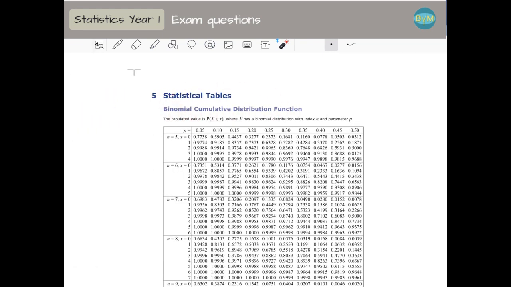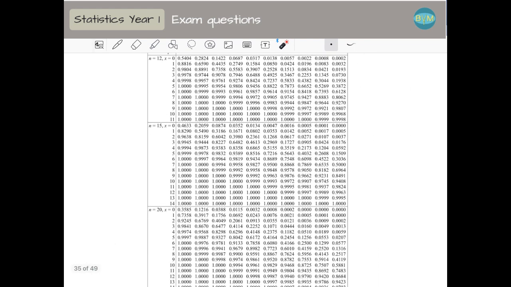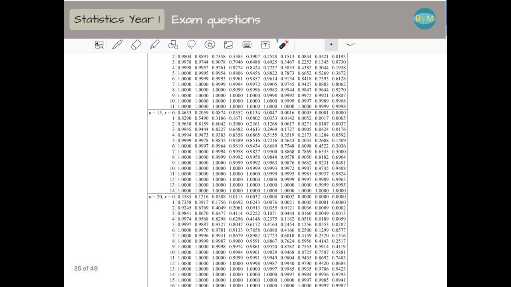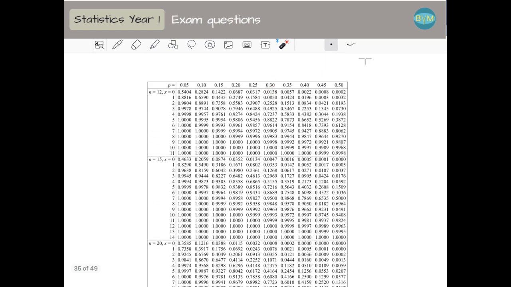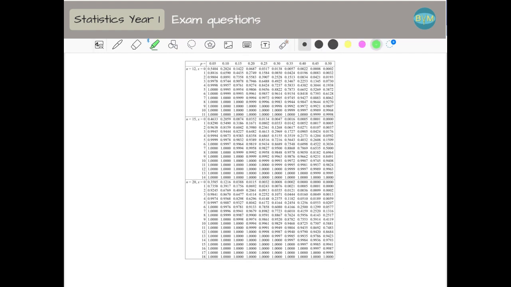cumulative distribution function in the tables, you look for n equals 20, it is here, and then the column that is 0.3 for the probability. So it is this column here. I'm going to just mark it so we don't lose it. 0.3 and n = 20. We are going to work with this column.